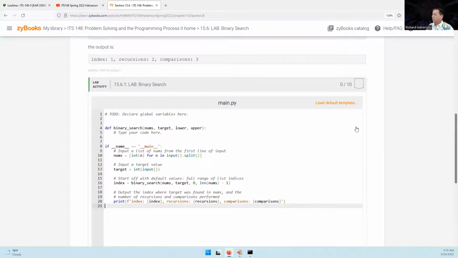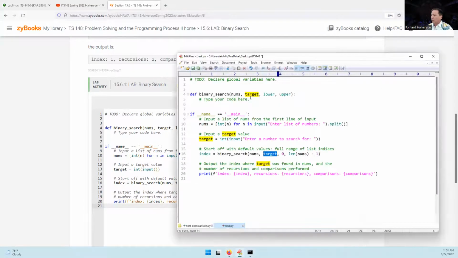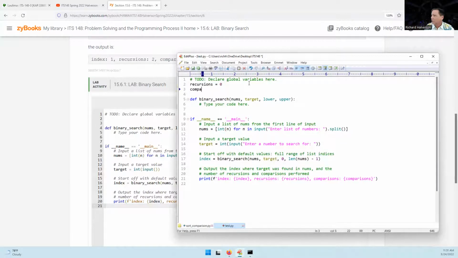Okay. So I guess I gotta declare global variables up here. Recursion equals 0, and comparisons equals 0.